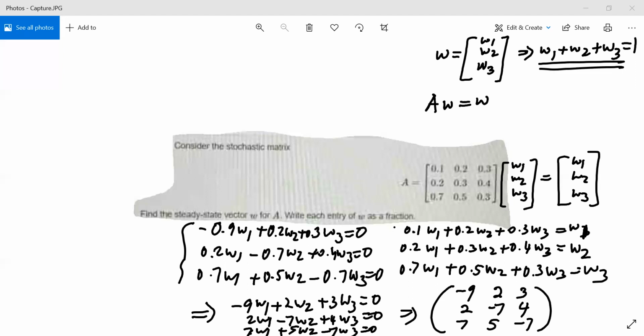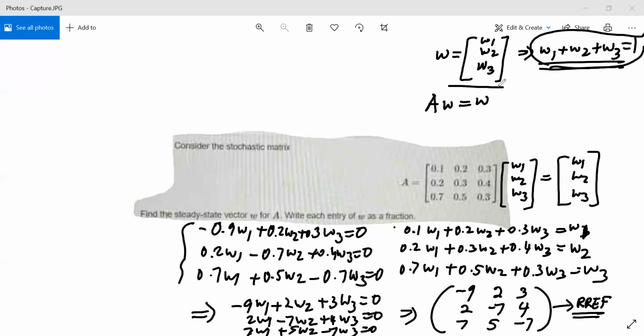So basically reduce this, find the row reduced echelon form, and then the solution that also satisfies this equation. You need to make sure your W1, W2, W3 satisfies this equation as well.